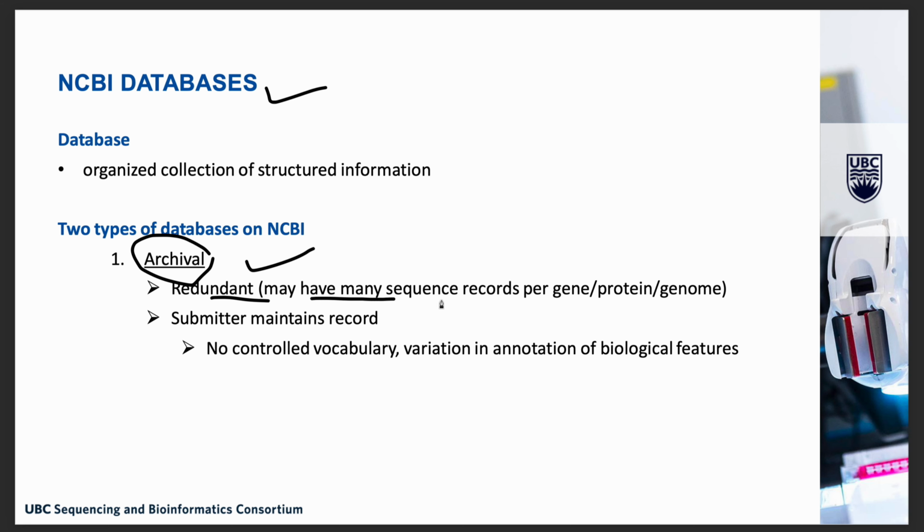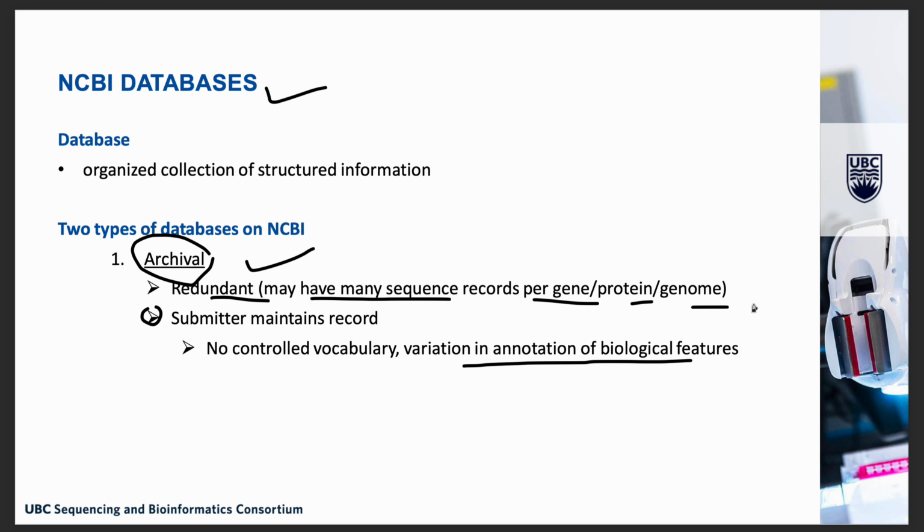It means you may have many sequence records per gene, per protein, or per genome, and the submitter maintains the record. I mean, there is no controlled vocabulary or variation in the annotation of biological features. So it totally depends on the submitter how it maintains the record. There is no hard and fast check on this.